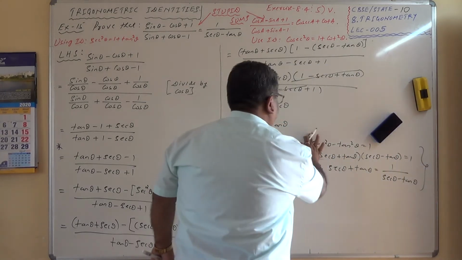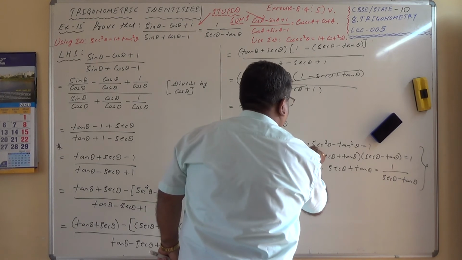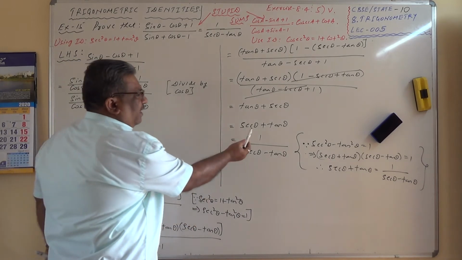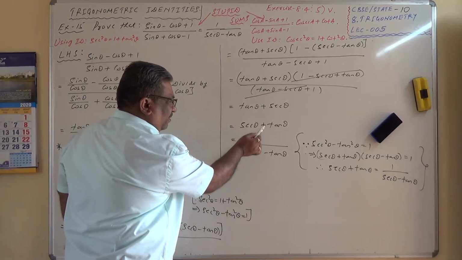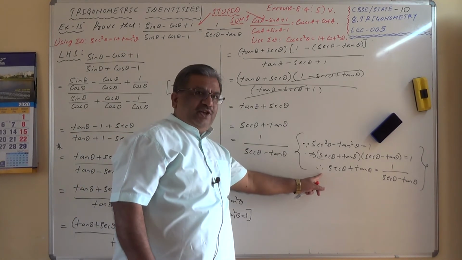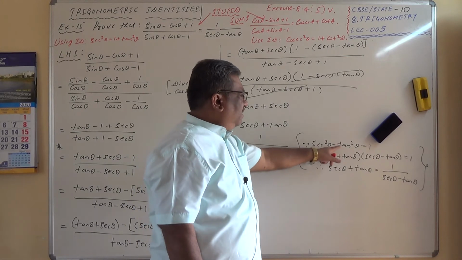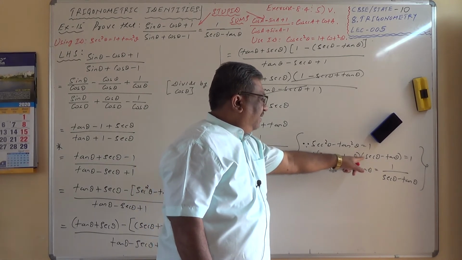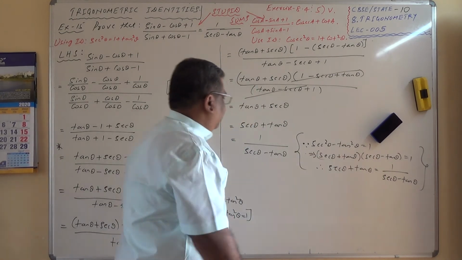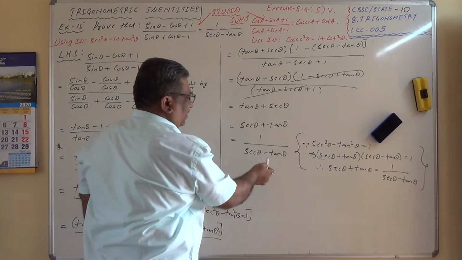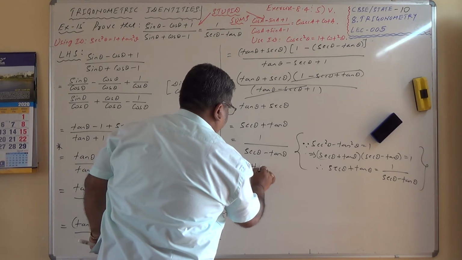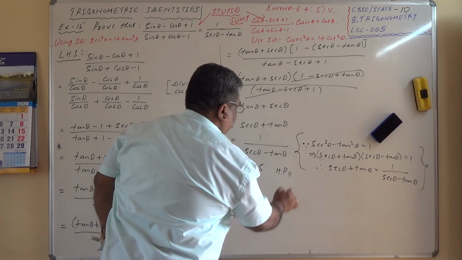This whole thing needs to be written into the reason, because I am not taking the replacement as a standard identity, but a small subsection is to be introduced. Sec square minus tan square equals 1, sec theta plus tan theta into sec theta minus tan theta is 1, so sec theta plus tan theta equals 1 over sec theta minus tan theta, which is what I have to prove, which equals RHS. Hence proved.